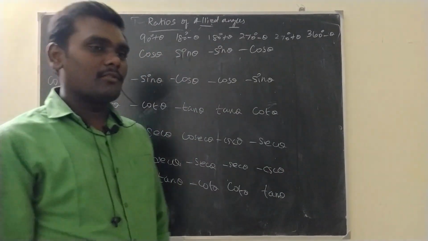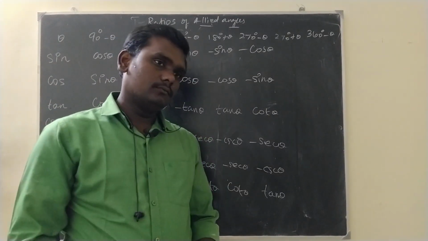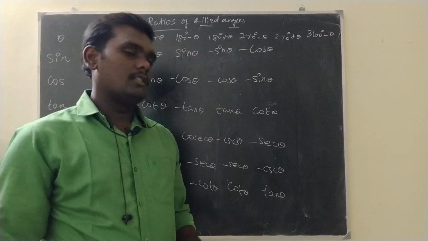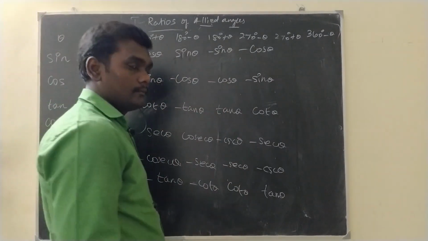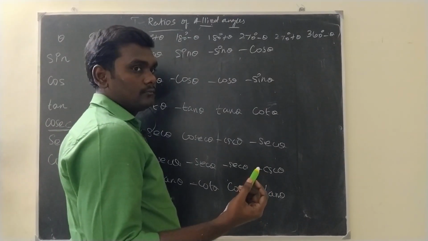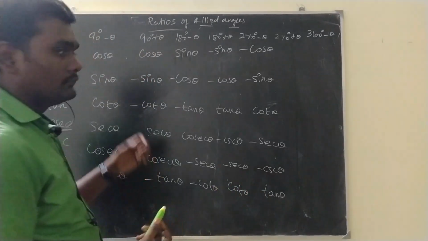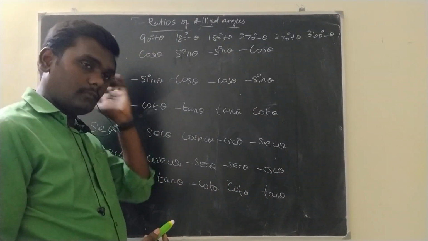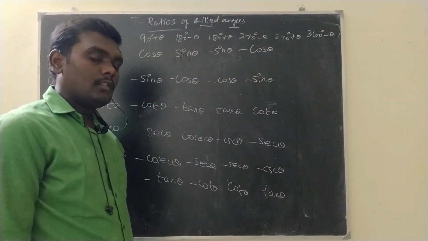270 degree plus theta, which quadrant? Change. Then tell me. Just tell me, answer. Cos.